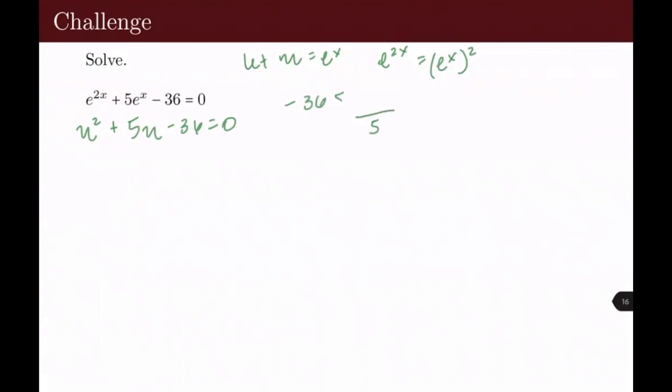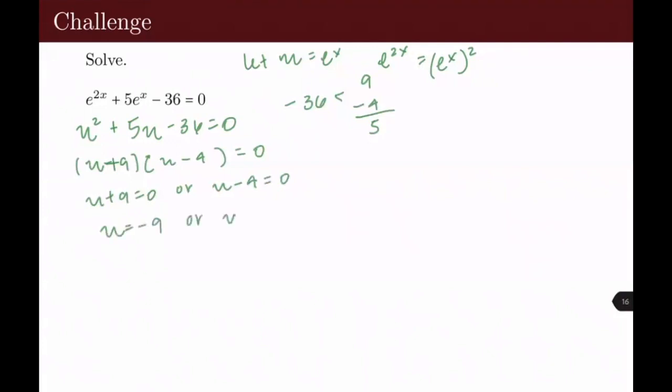I think 9 and negative 4 will work. So then we'll have u plus 9 multiplied by u minus 4 equals 0. So that means u plus 9 equals 0, or u minus 4 equals 0, which means u equals negative 9, or u equals 4.